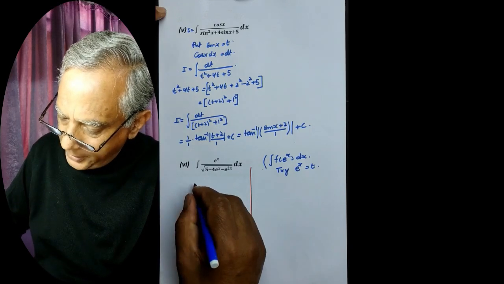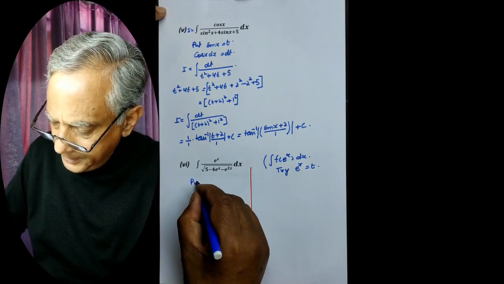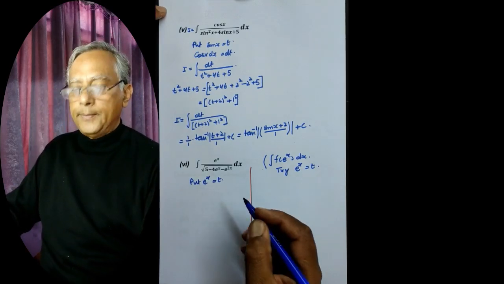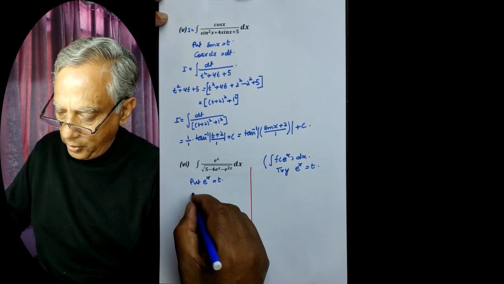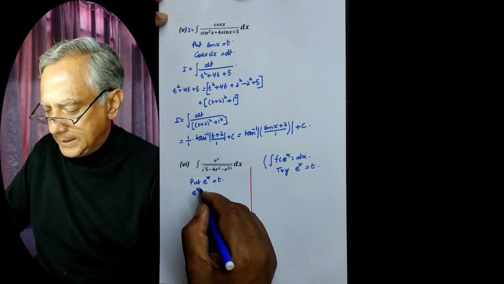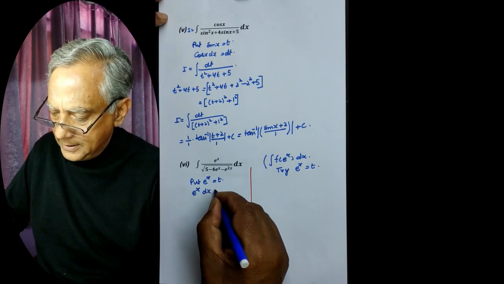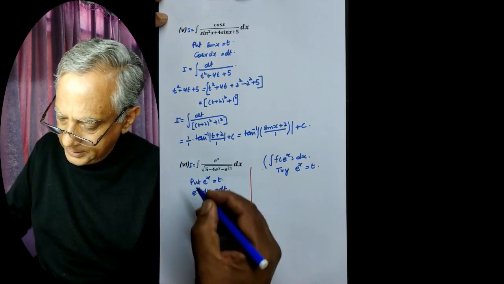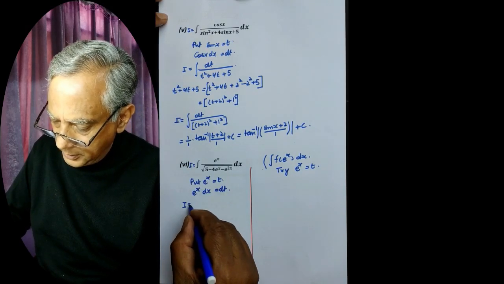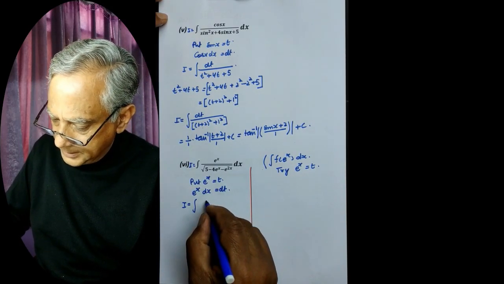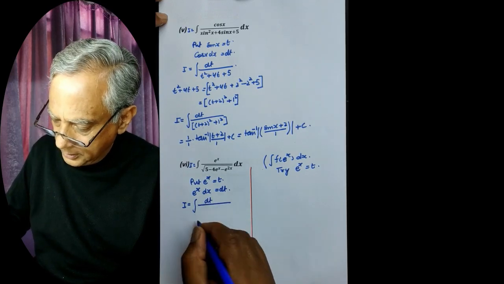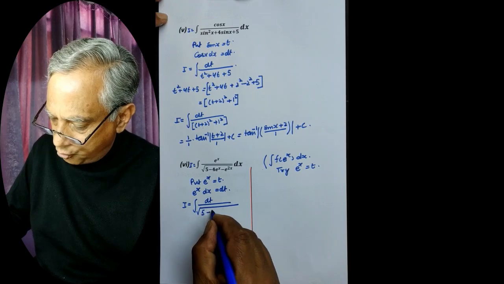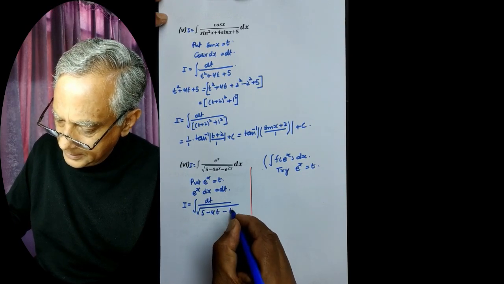So here we put e to the x equal to t, and therefore the differential of e to the x is e to the x. e to the x dx is equal to dt, and therefore I is equal to integral dt over under the root 5 minus 4t minus t square.